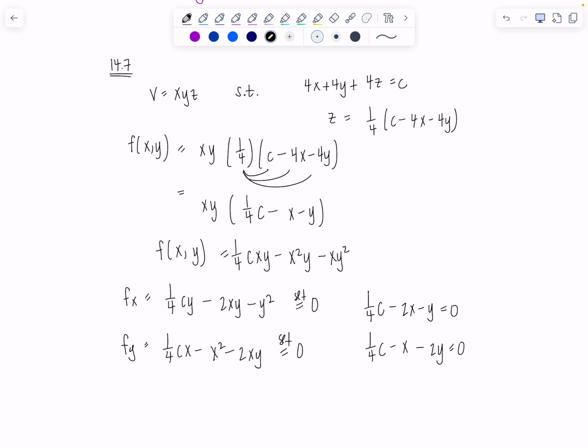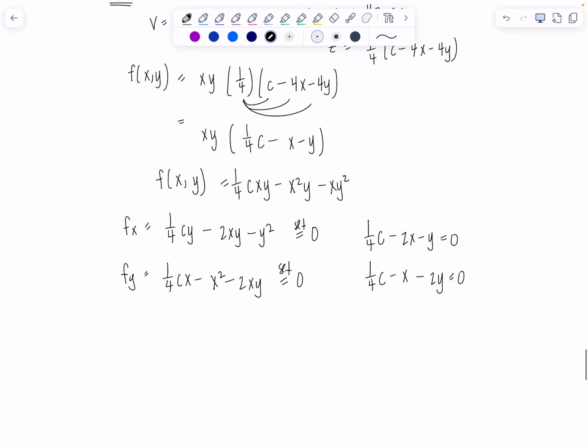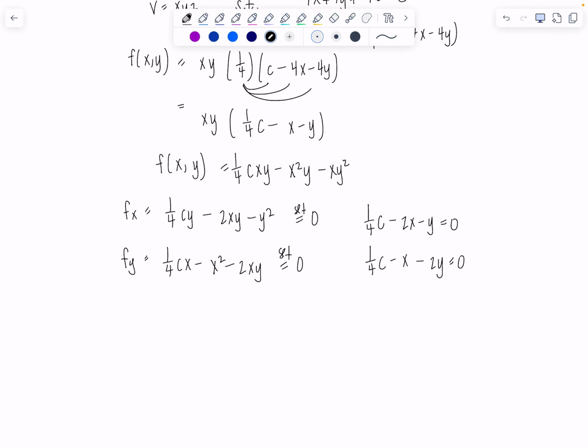So this is a system of equations. Remember, c is a constant. So let me write this first nicer. 2x plus y is 1/4 c. X plus 2y is 1/4 c. Let's switch it up. Let's multiply this one by -2, so I don't have to rewrite both of them.